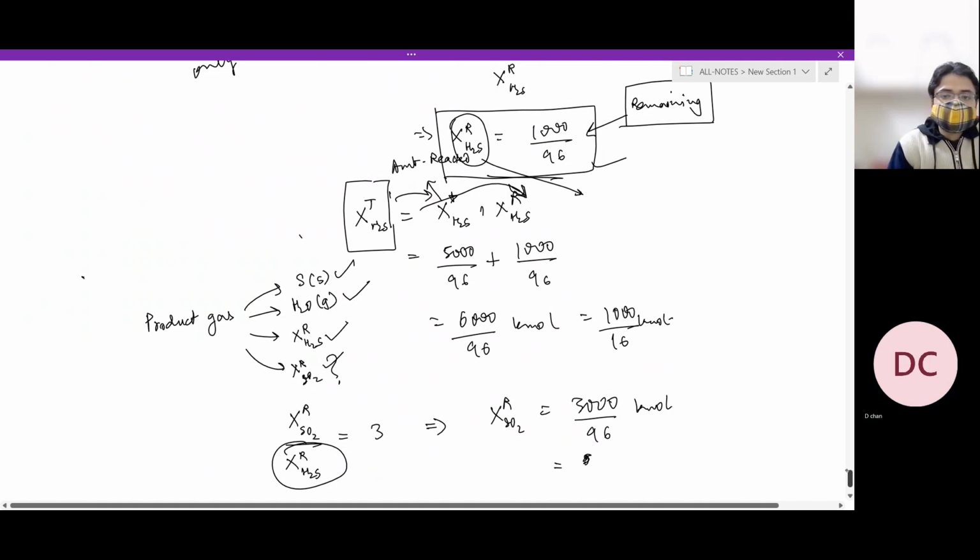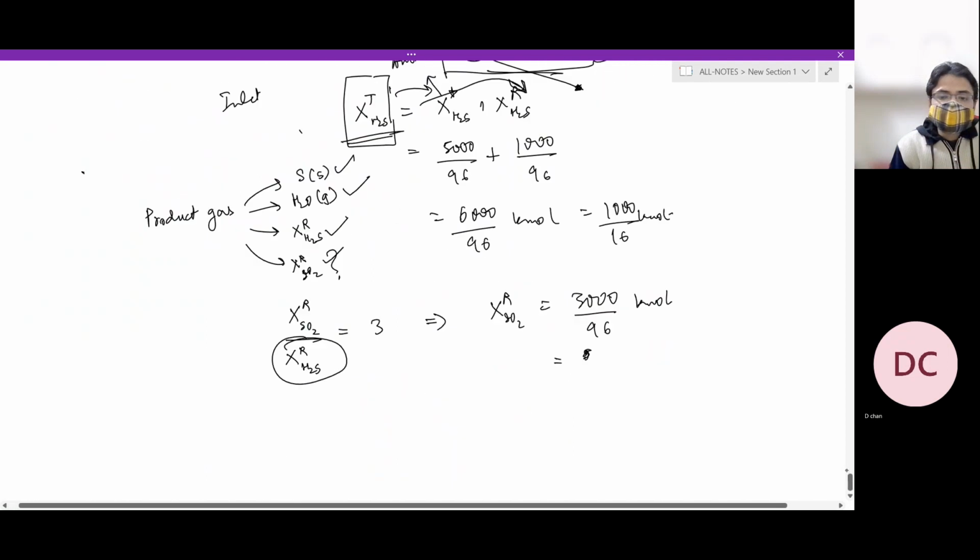So you need to be really careful at this point, that this is the total amount that we supplied in the inlet. Yes, sir. This is the one that is remaining. That's all right. That's perfect. Making mistakes helps you learn. So this is 3,000/16, 500/16 kilomoles, right? Yes, sir.